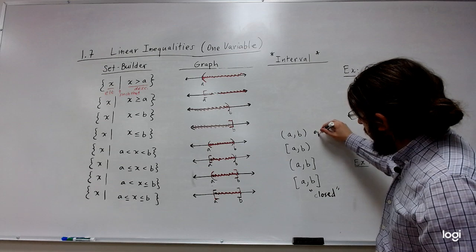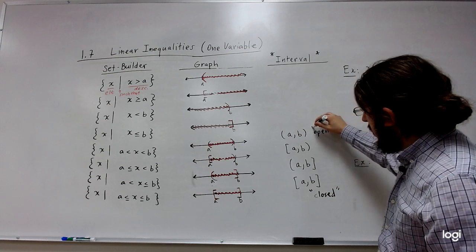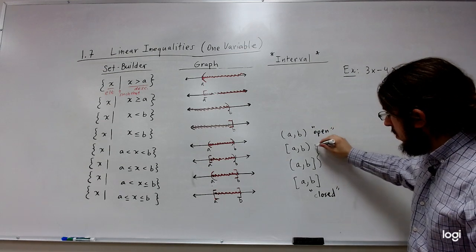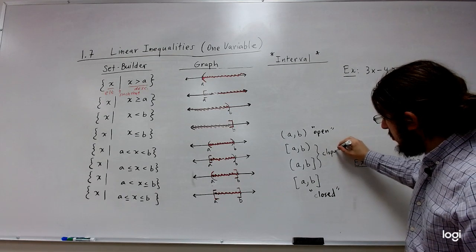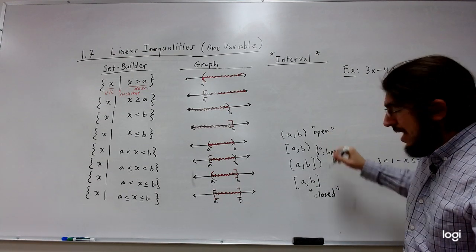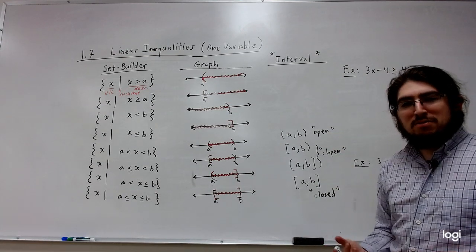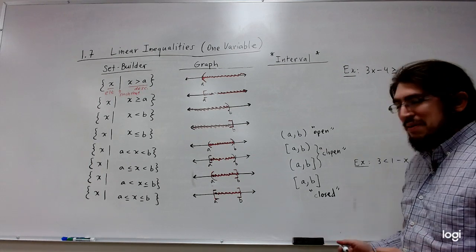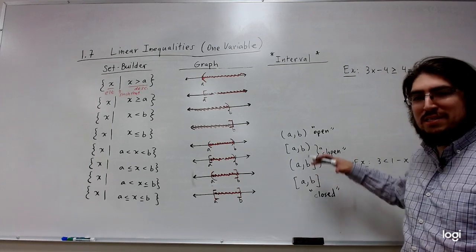This is an open inequality because it's open on both. And technically these are what are called clopen. I know it sounds stupid, but that's the actual mathematical term that people use. So yeah, you can make fun of me if you want, it's fine. But I use this in a serious tone.